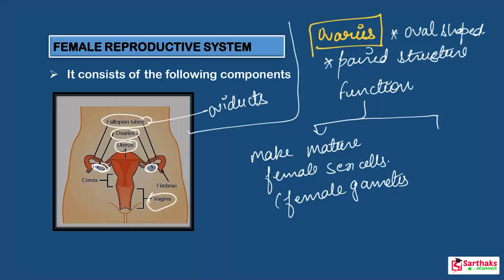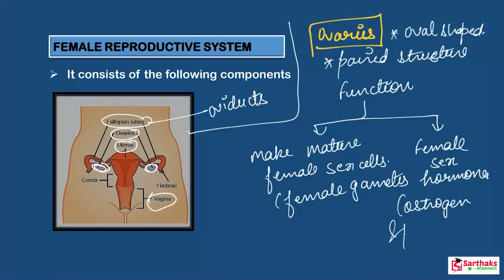The second function is to make the female sex hormones, and these hormones are known as estrogen and progesterone.